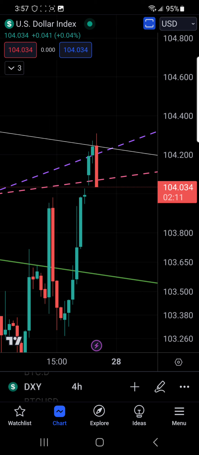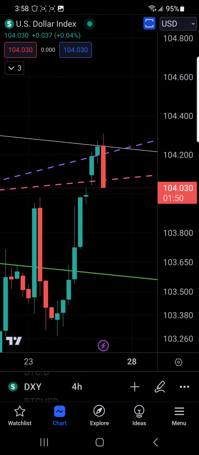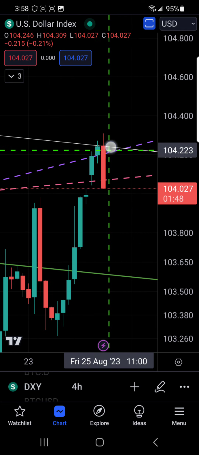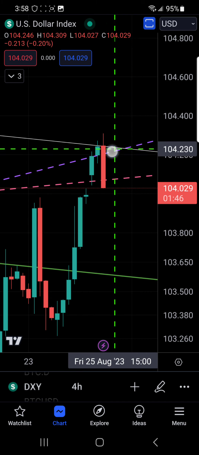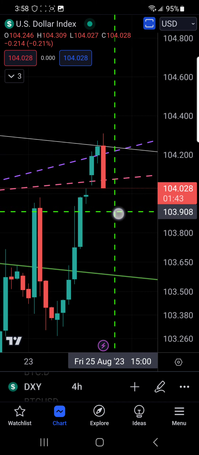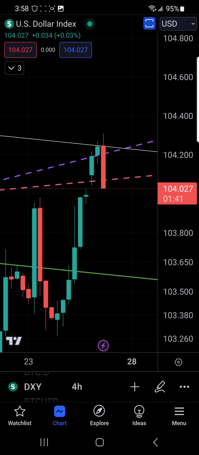Gonna try to keep this one short because the whole concept just sickens me, how the entire market just hangs on one man's every word. We're looking at the US dollar index on the 4 hour time frame, zoomed in just to show you how we got this rejection here off of the white line, the purple line, and the red dashed line as well.